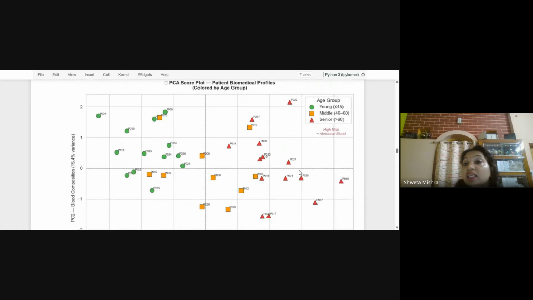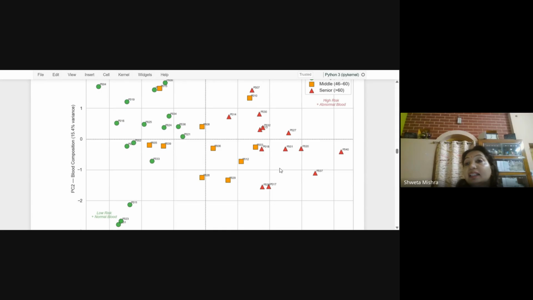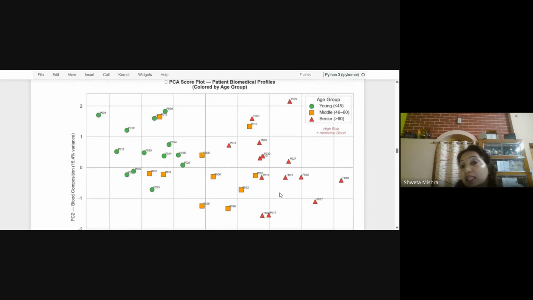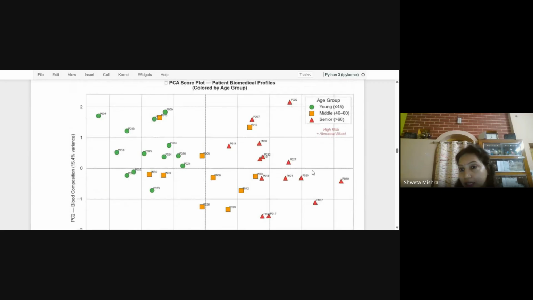It means they are high risk, and they are all senior citizens, more than 60 years of age. So it represents that for a person whose age is higher than 60, the chance of cardiometabolic risk is high. They are all in the PC1 component.